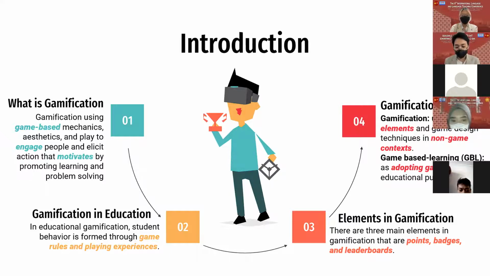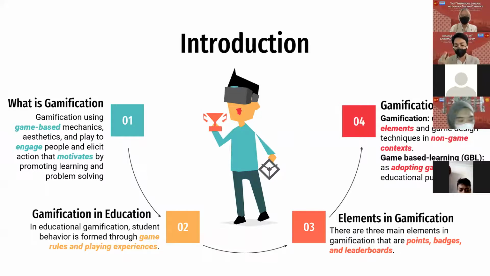When we talk about education gamification, student behavior is formed through games, rules, and playing experience. More successful learning can occur by taking advantage of motivation in play and applying it. In addition, the important thing in gamification is the elements. Elements help differentiate the concept within gamification, which is to differentiate a game for entertainment and non-entertainment purposes.